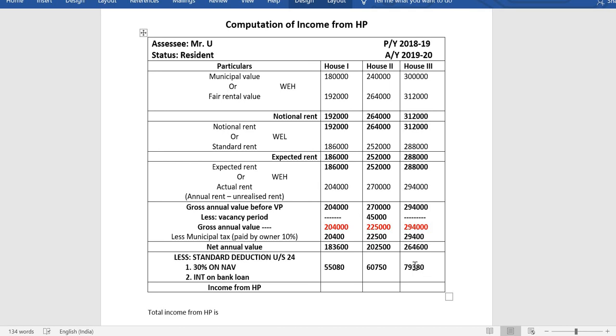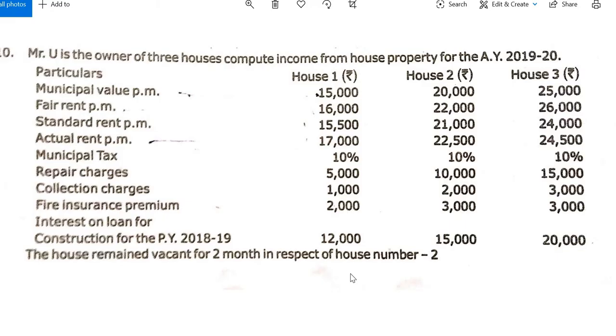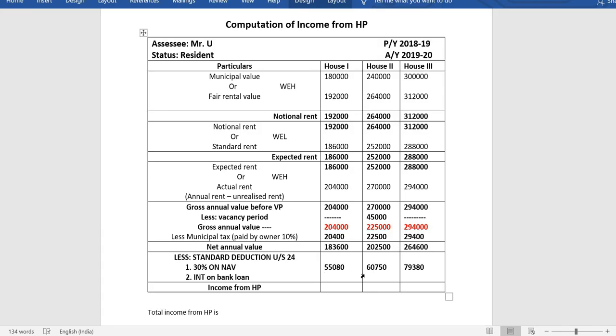And along with this, they have given bank interest also. Correct? Go and check with the question. See, interest on loan for construction for the previous year 2018-19, they have given 12,000, 15,000 and 20,000. This loan is taken for house construction, that is why you must consider this interest.